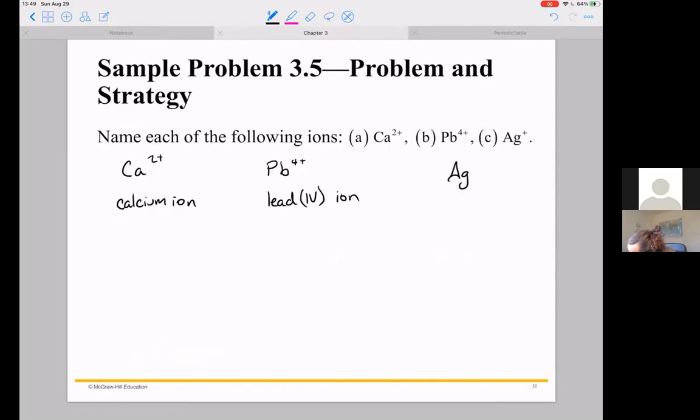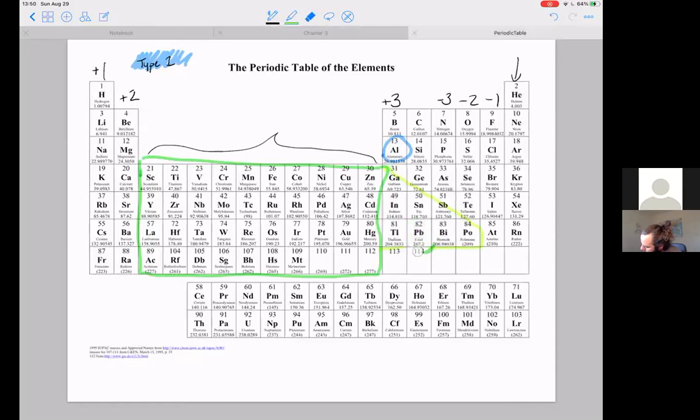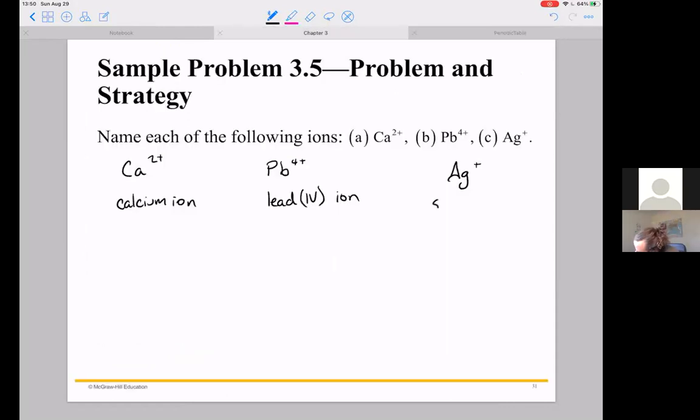Okay, and then Ag+, we're going to find Ag on the periodic table. That's here, silver. So this is the silver(I) ion. Silver is actually, again, one of those exceptions like zinc.